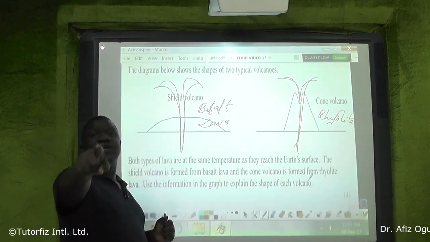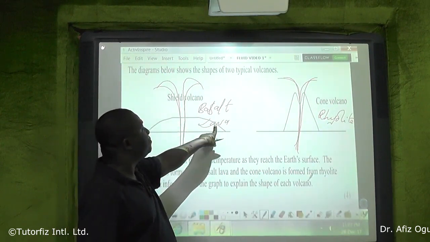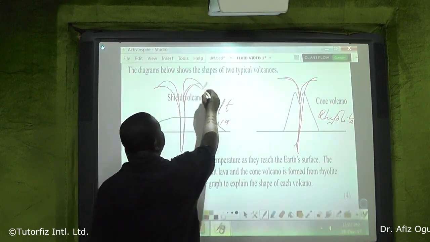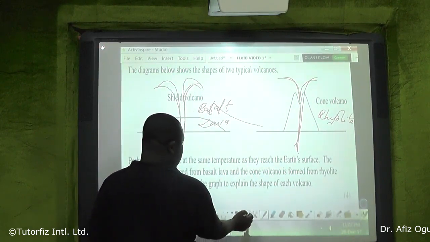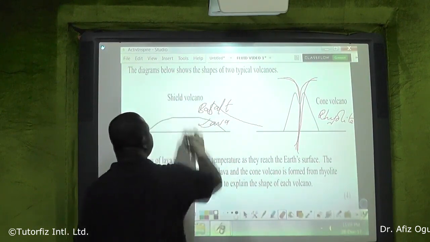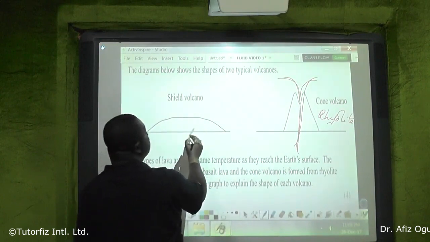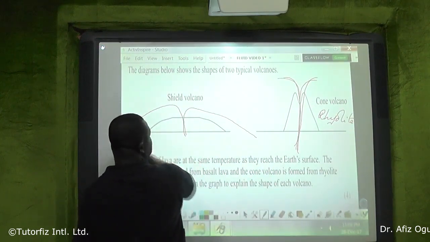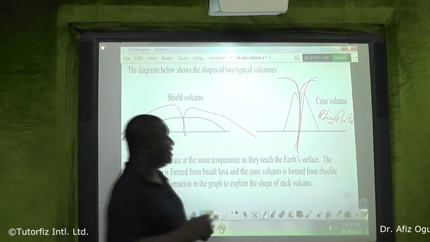But before they solidify, because this shield volcano is made up of basalt lava, it flows down faster. For the same time, it spreads out more distance than this.